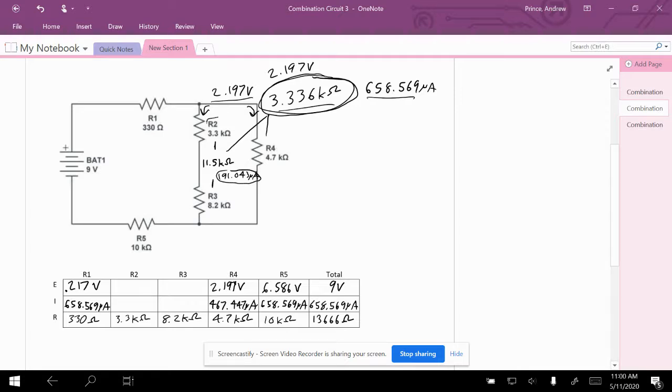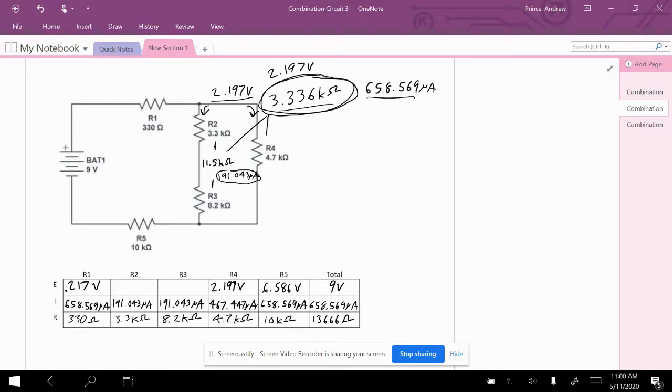Since these are in series with each other, the current is the same, so this 191 can go over both resistors. R2 and R3 are going to have 191.043 microamps.